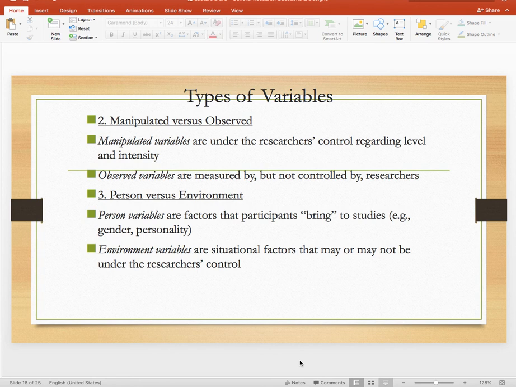Now, when we think about an observed variable, it's very important to understand what our role is as a researcher. And our role as a researcher is not to question participants. So if a participant comes in and they may be clearly female and they tell us that they are male, that is no place for a researcher to say, yeah, I don't believe you. Let me go ahead and put you in the female group anyways because I can make that decision that you're actually female.